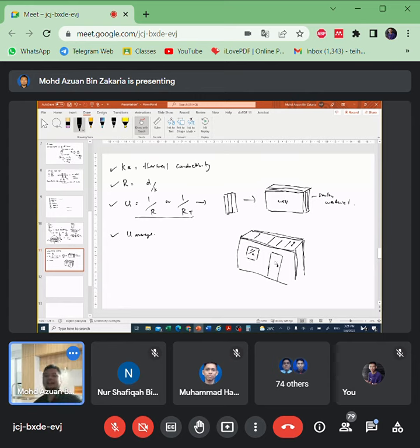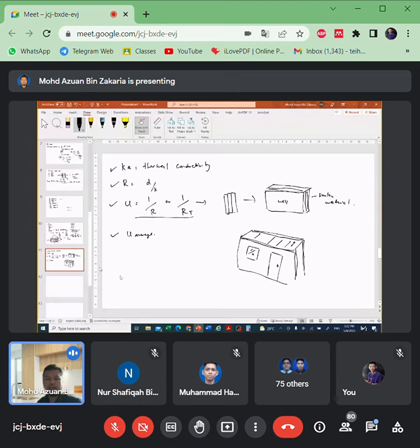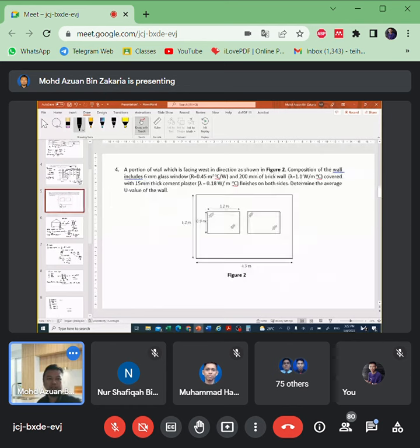So the 3 layers are very thick, but the windows is only 1 layer, very thin. This example doesn't have doors. Imagine only have windows, but the windows and wall have different thickness.